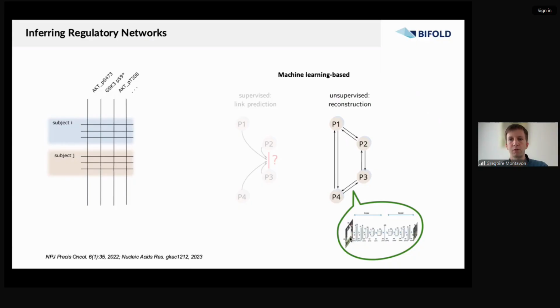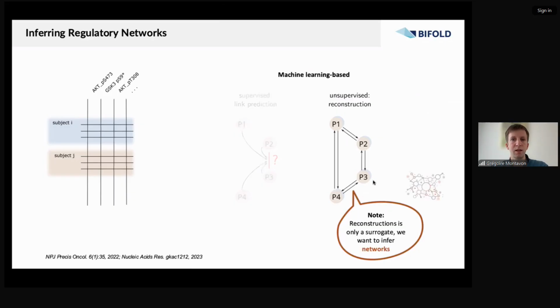If you think about the case of images, it would be, for example, the autoencoder, where you hide some part of the data and then you try to reconstruct what is missing in the image. Here we are not dealing with images, we are dealing with networks or with tabular data, so basically arrays of protein values. And so here we took a similar approach, which consists of hiding some of these protein values and trying to reconstruct them from the other values.